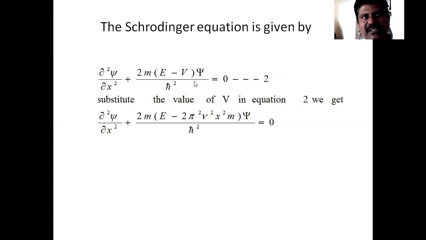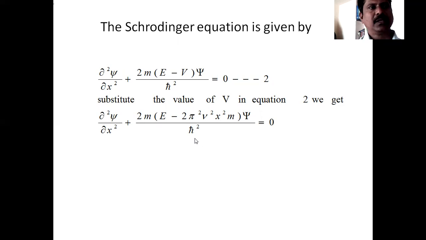So we use the Schrodinger time independent wave equation, which is given as dou square psi by dou x square plus 2m by h cross square into E minus v, into psi, equals 0. Here the value of v to insert is 2 pi square mu square m x square.